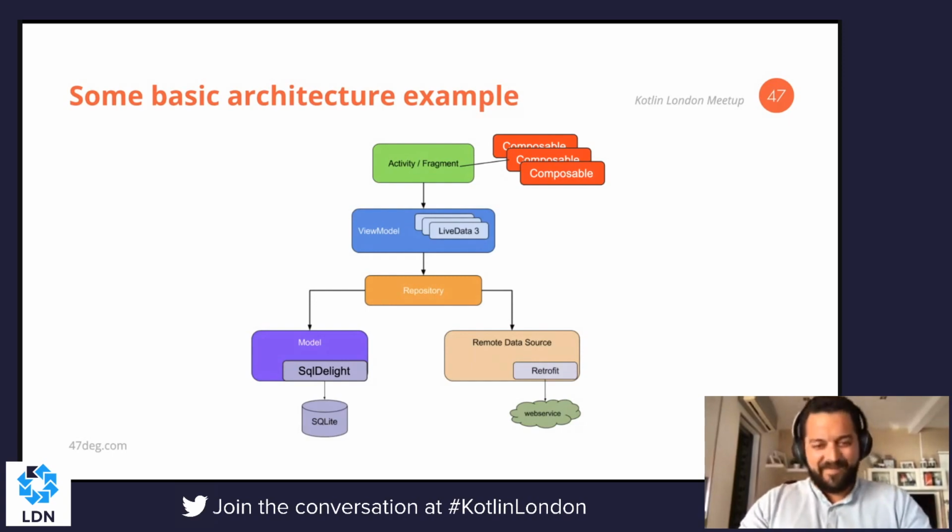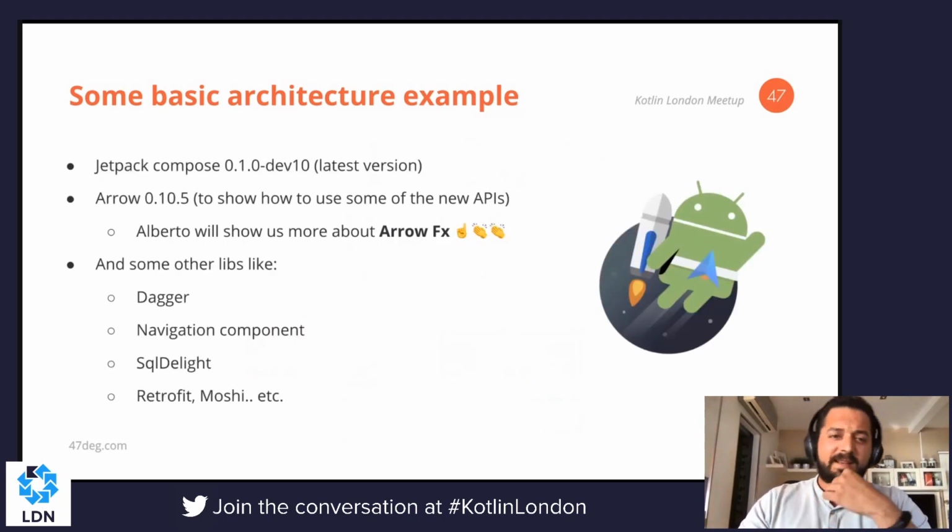That's it. Let's see if I can guide you through the code. So to build this, I'm using Jetpack Compose, the latest version, the Dev 10, and I'm also using the latest version of Arrow, just to show some of the new APIs in the new module we have built for ArrowFX.